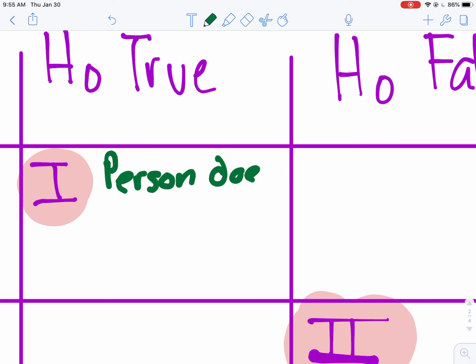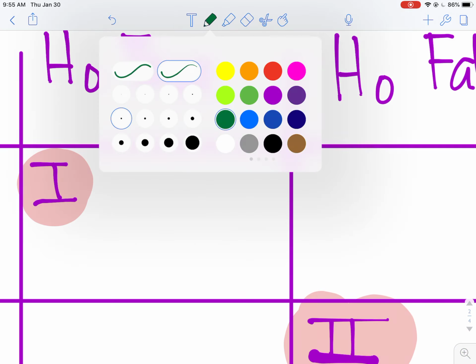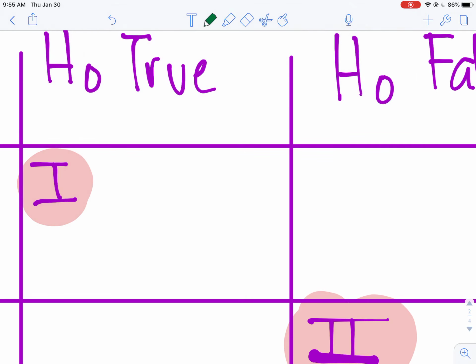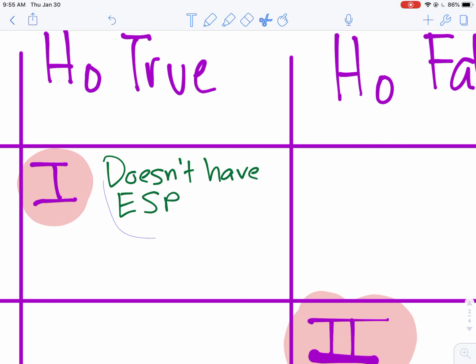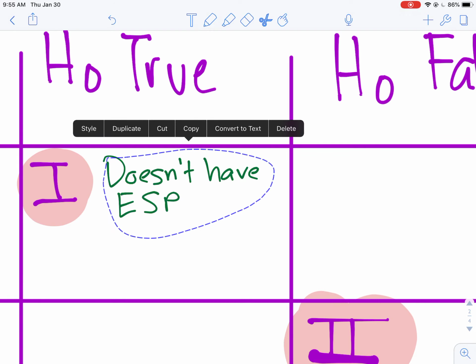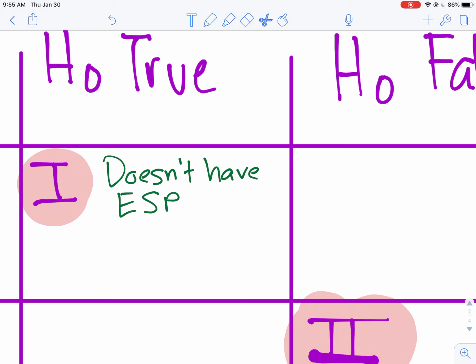So now if the null is true, that means the person doesn't have ESP. I'm going to use a lighter pen here, but it means they don't have ESP. I'm just going to put doesn't have ESP. And I can fill that in for both of these here because if the null's true, then it means they don't have ESP.